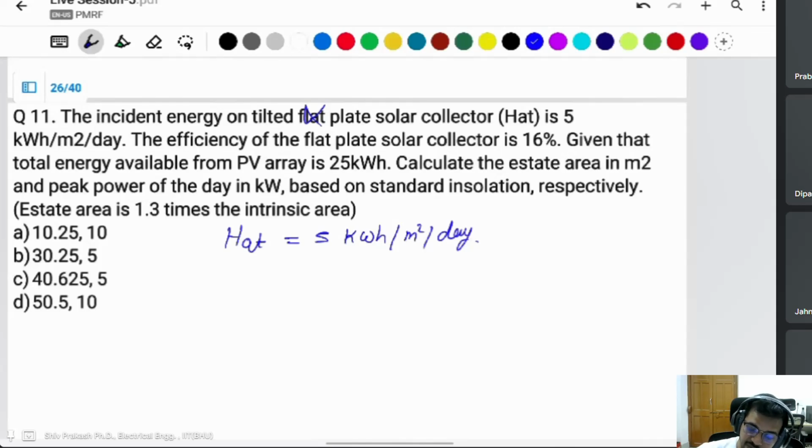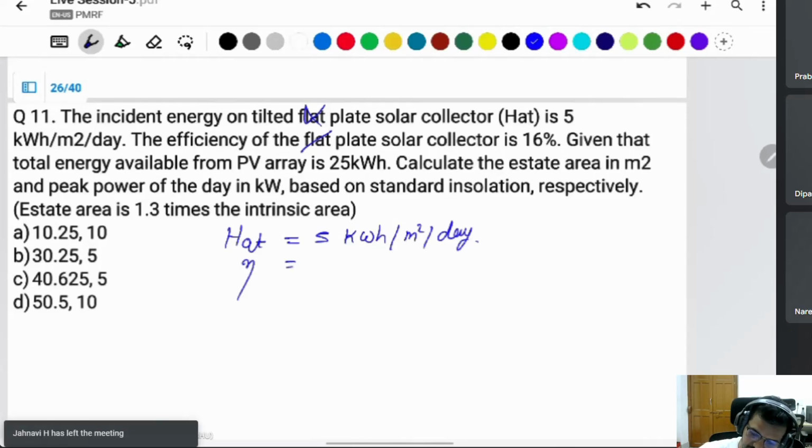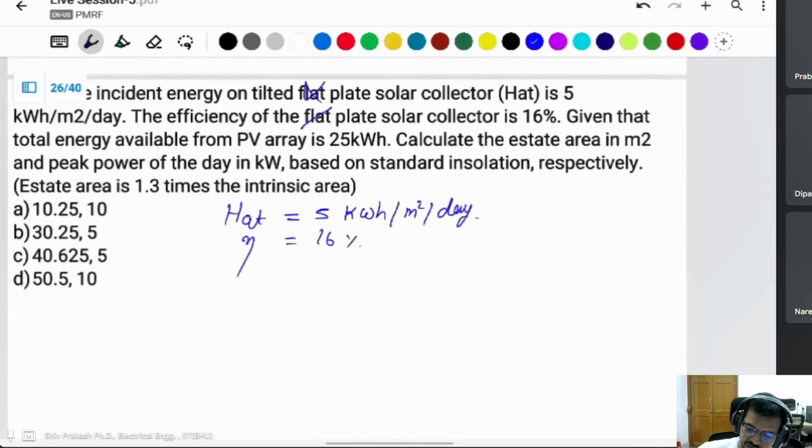The efficiency of the tilted plate solar collector is 16%. The total energy available from the PV array is 25 kilowatt hour.